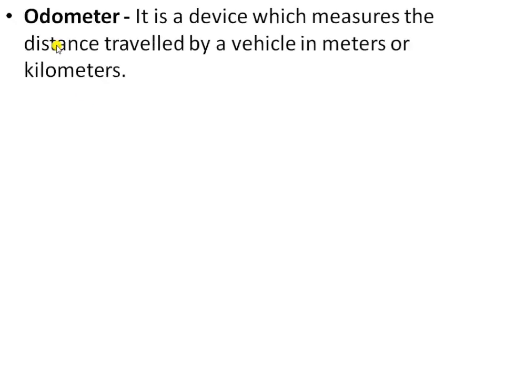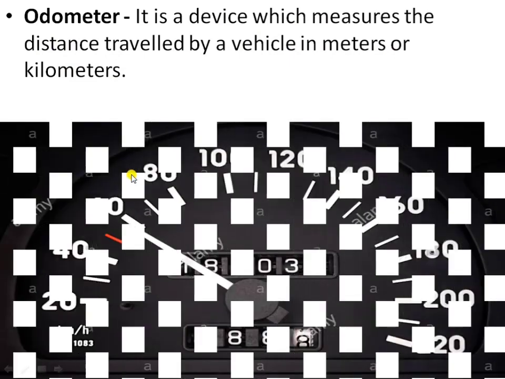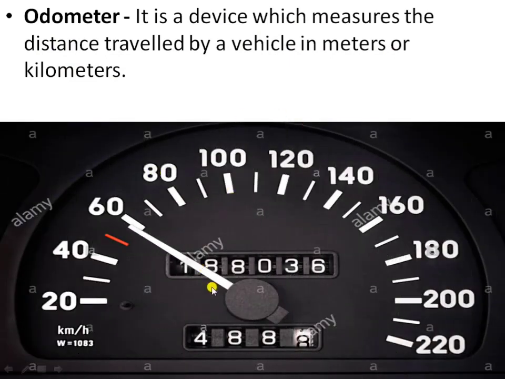Next is about the odometer. Odometer is a device which measures the distance travelled by a vehicle in meters or in kilometers. This is the picture of an odometer. This is another meter fitted in vehicles that measures the distance travelled by the vehicle.